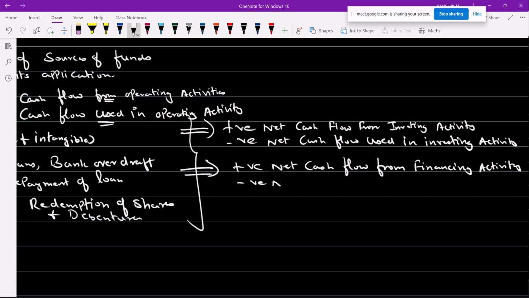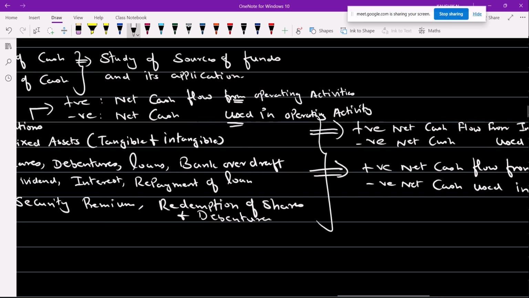Negative means net cash used in financing activity; you need not use the word flow, net cash used is more than enough. So this is the declaration you will give.